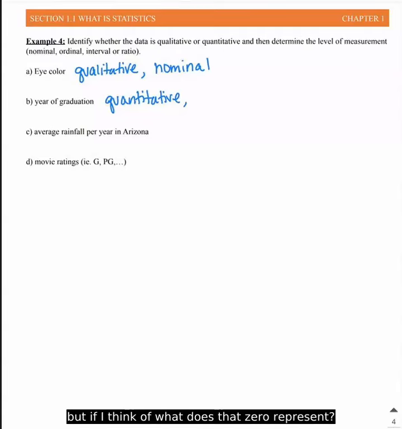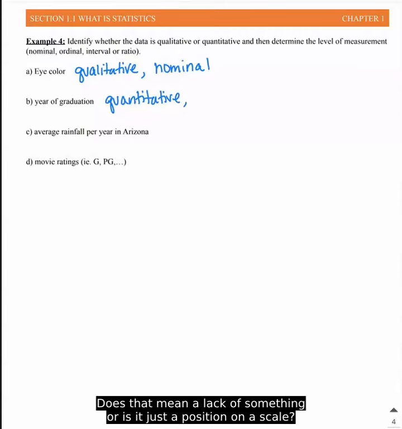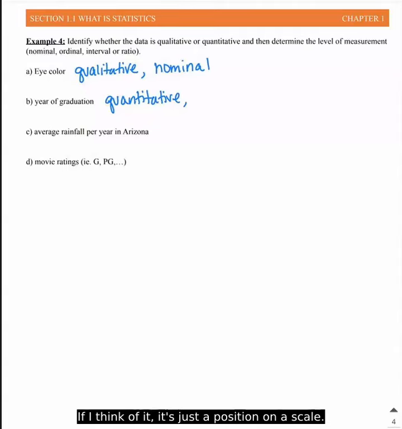But what does that 0 represent? Does that mean a lack of something, or is it just a position on a scale? It's just a position on a scale. You could graduate before that or after that. Again, this is like a hypothetical question. So because it's just a position on a scale, it would be at the interval level of measurement.